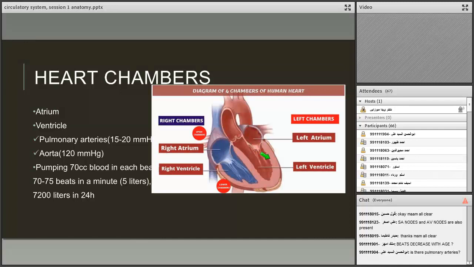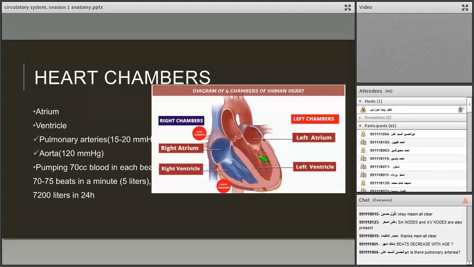Okay, so these are the pumps of the heart. The heart is an important organ in the body, yet it is so simple. It is just a muscular organ. It has 4 hollows or 4 chambers, 2 on the upper side and 2 on the lower side, the atriums and the ventricles.